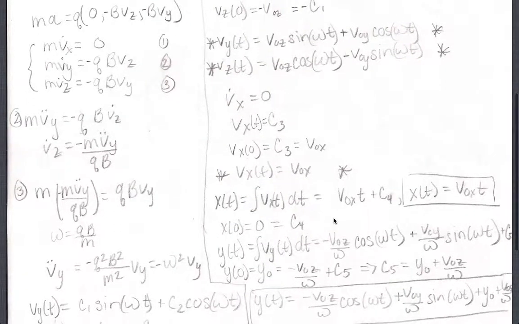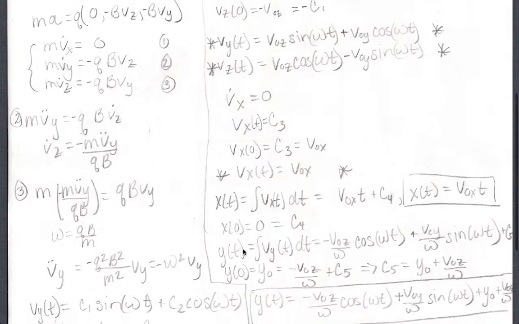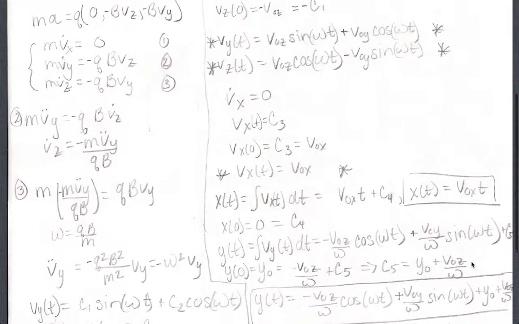And then you do the same thing for y of t. You integrate it and you get another constant, which I'm calling c5. And we know that this whole expression evaluated at t equals 0 is equal to y naught. So you get c5 equals y naught plus v naught z over omega.